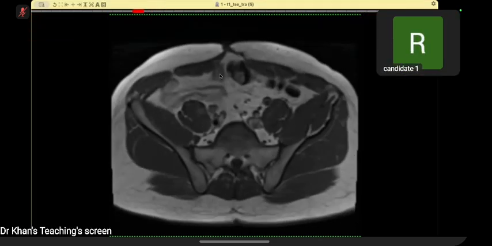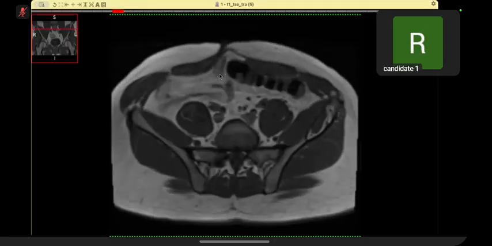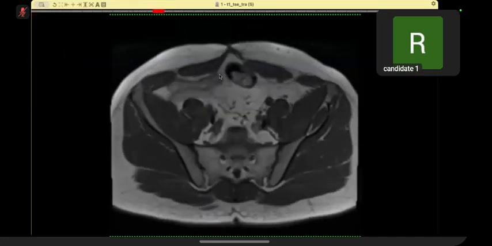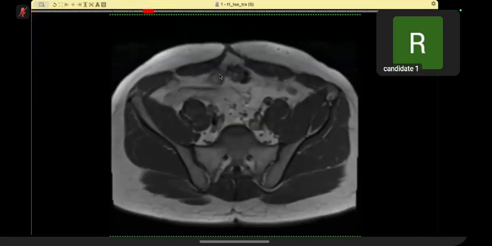So this is a simple bone cyst, a benign pathology of the left iliac wing, with no pathological fracture, no soft tissue extension, and no cortical breach. I would inform my findings to the referring clinician and refer this patient to orthopedic oncology.